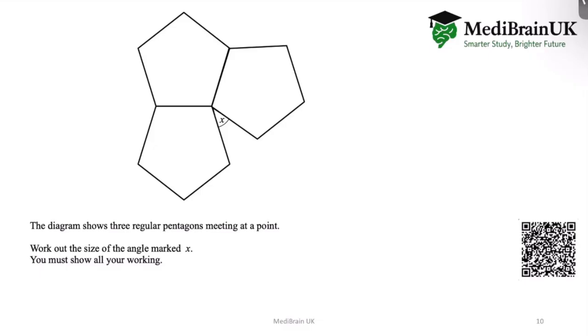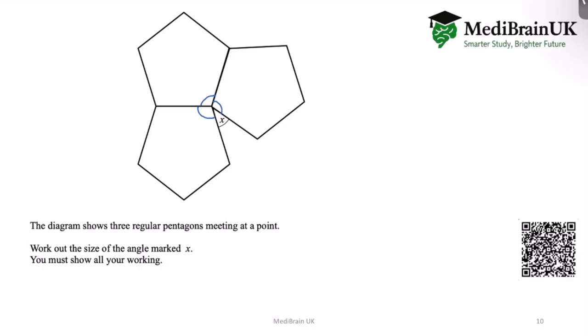Now you're given 3 pentagons. So I'll give you guys a clue. Work out the size of this angle, work out the size of this angle, work out the size of this angle. And you can work that out because you know that n minus 2 times 180 degrees, and then you divide it by the number of sides to get you what the angle is.